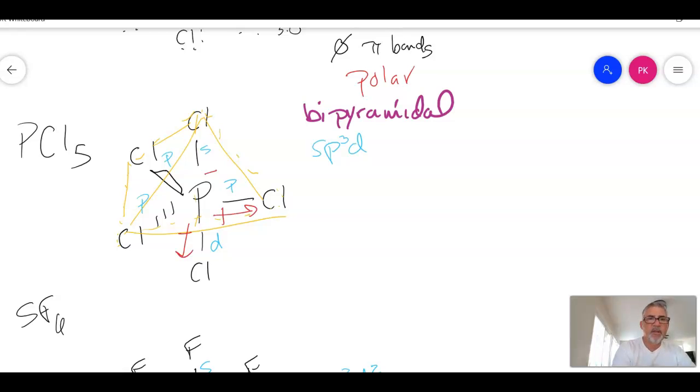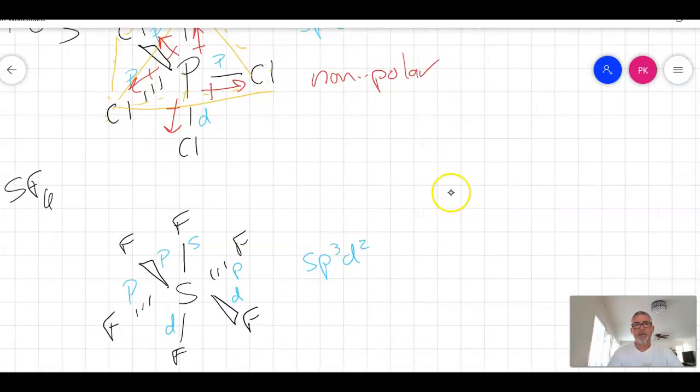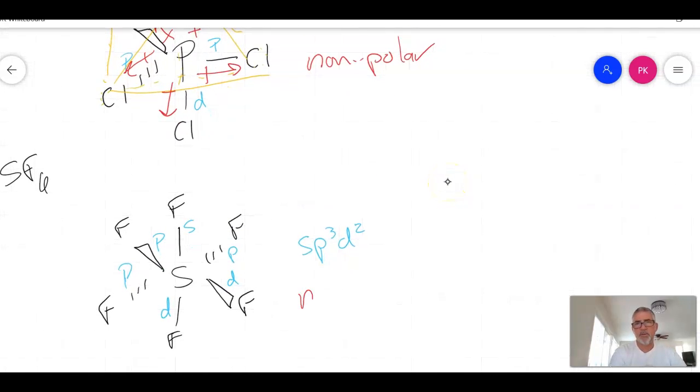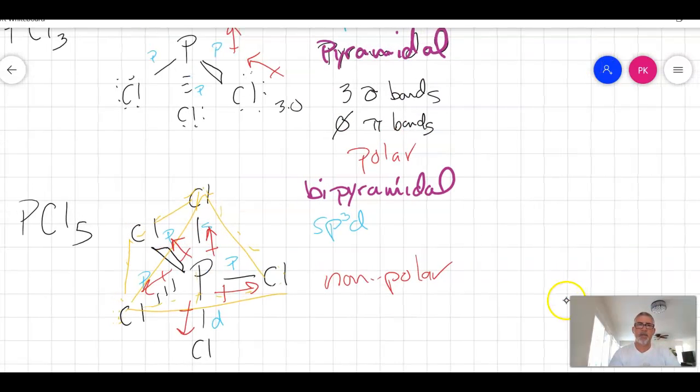If you look at these, right, they're symmetrical. So this would be non-polar. This one is symmetrical as well, so it would be non-polar as well. All right, so hopefully that helps you with shapes.